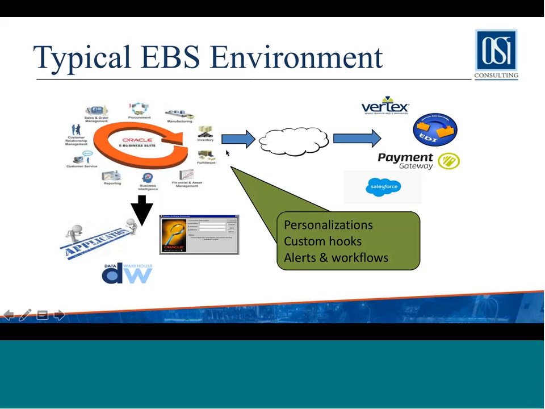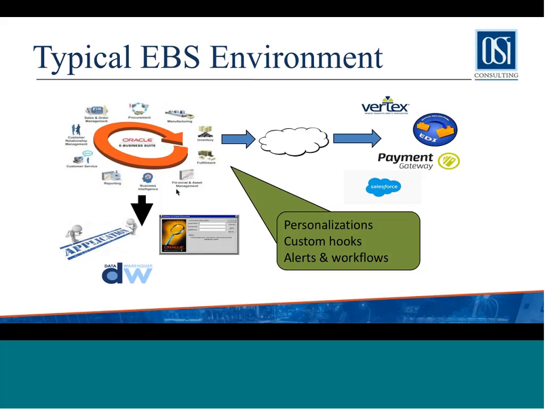There are on-prem external and custom applications that are there. So there could be custom developed extensions. There could be an external data warehouse. There could be other kinds of BI and OBIEE, excuse me, reporting. So there are a lot of Discoverer reports.